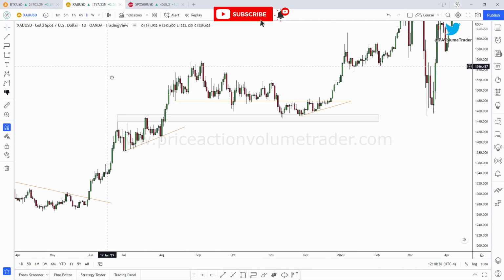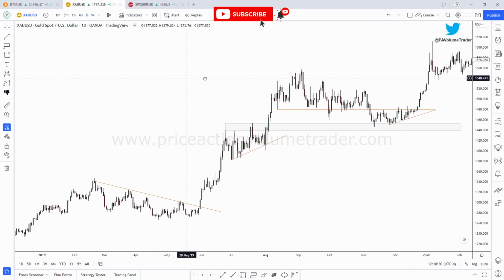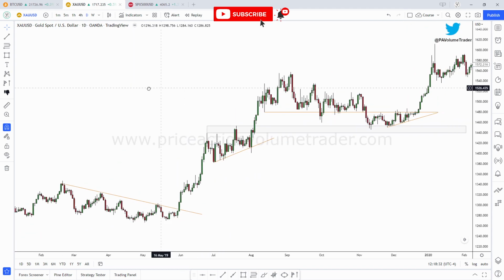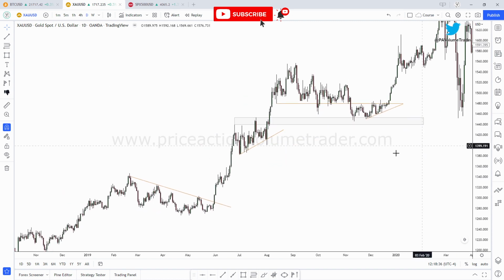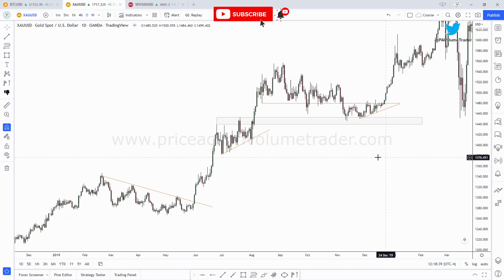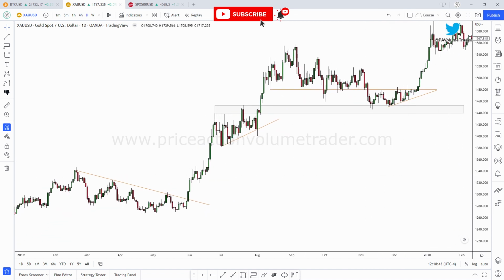Let's go into gold spot, and now we can do one on a daily time frame. So let's say you're making a long-term swing trade. This is the gold market, and here it's the same thing. We can see how price came up. We had sort of a falling wedge here.